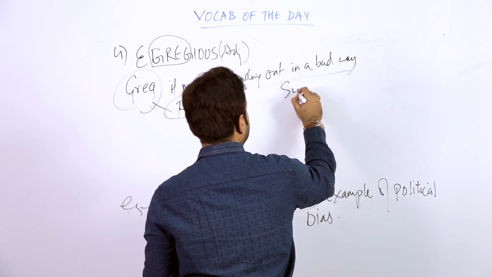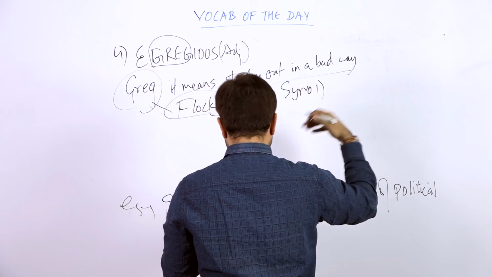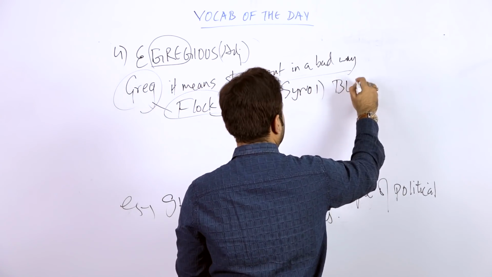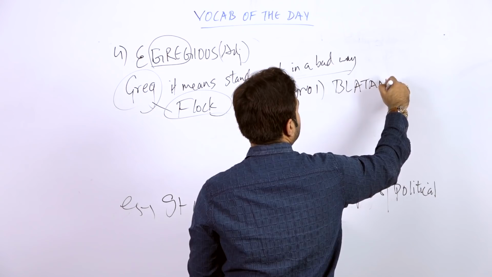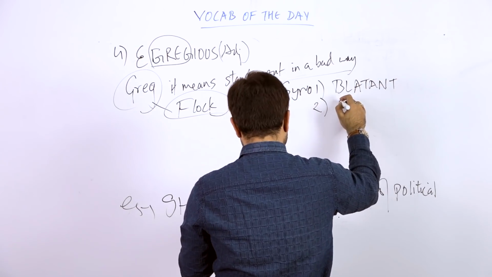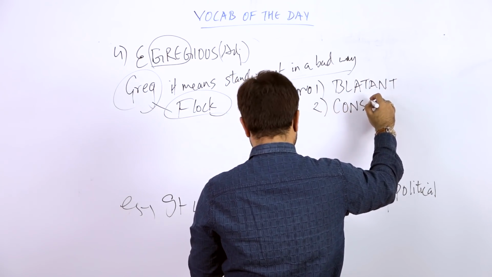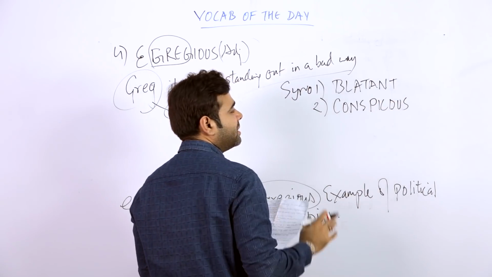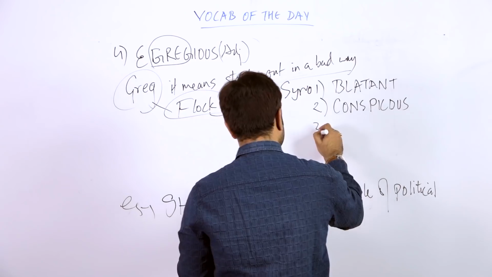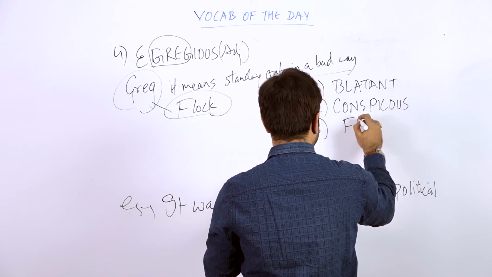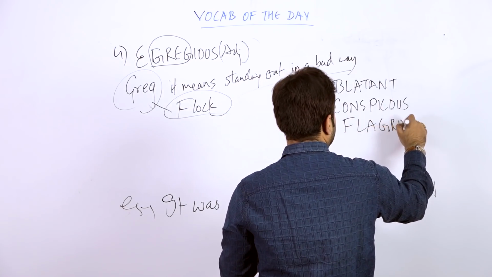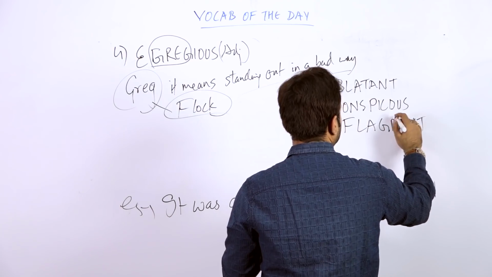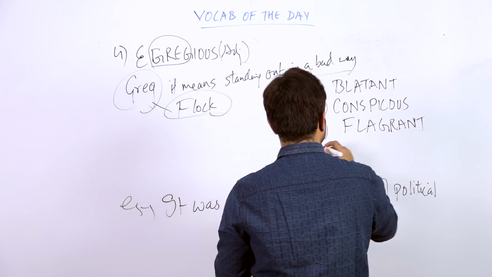So the synonyms will help you connect it more. Here the synonyms that I have taken are blatant. Second word is conspicuous, C-O-N-S-P-I-C-O-U-S. Third word you can take is flagrant. Flagrant is also a word.